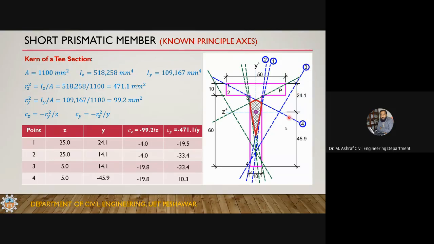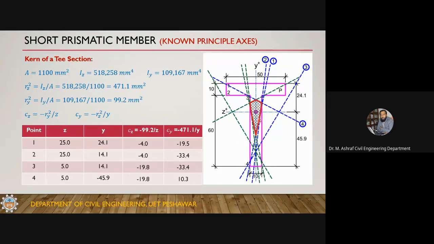Now, look at point number 3. This line number 3 corresponds to making the stress at this point equal to 0. It is not contributing, and there is a reason: it does not govern the kern of this section, because it is very near to this one.